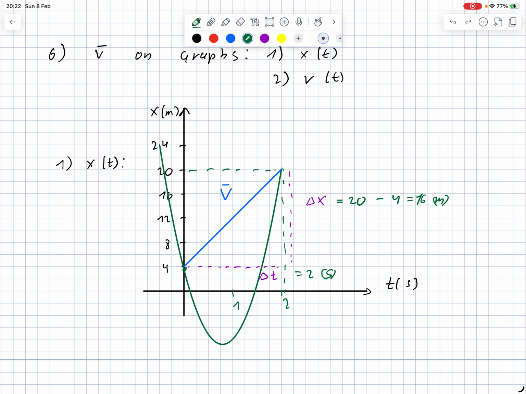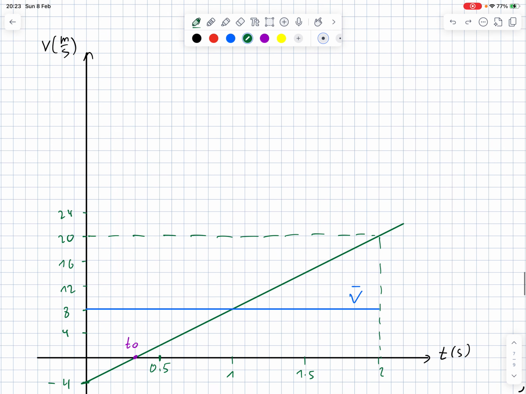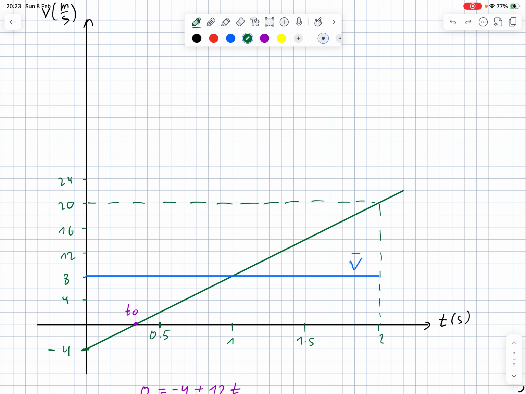Okay, now how will this value of average velocity look on the graph of v of t? This is the initial graph. However, if I want to add the average velocity to this graph, it will look something like this.